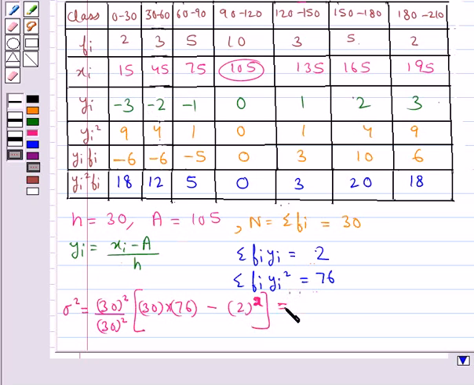This comes out to be equal to 2276. Now the standard deviation sigma is equal to square root of the variance, that is 2276, and that comes out to be equal to 47.71. So this is the shortcut method to find the variance and standard deviation.